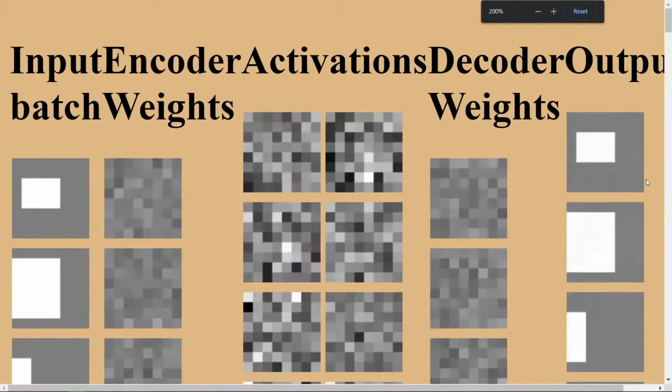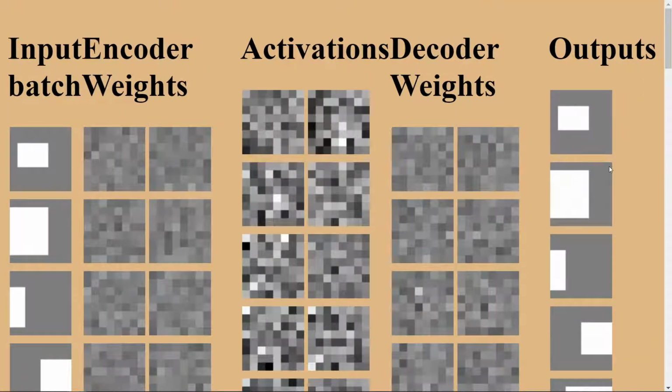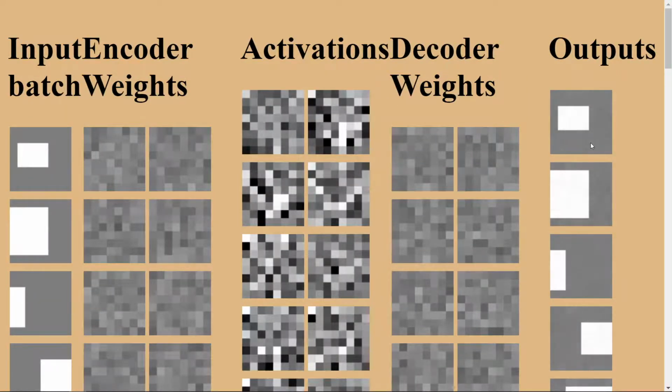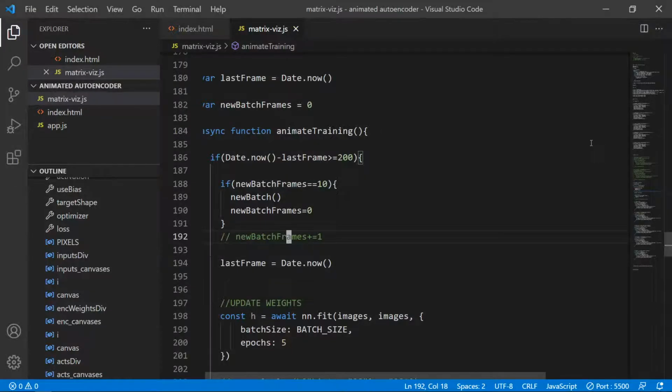Okay, so it learns this single batch perfectly. Kind of. So why is it, update weights.